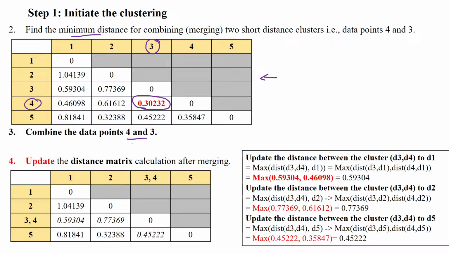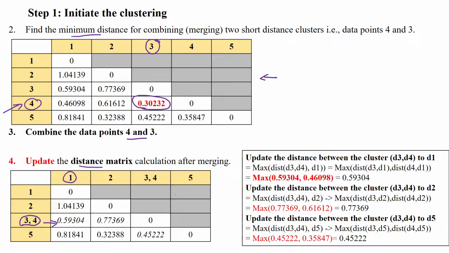After merging data points 4 and 3, we have to update the distance matrix by combining 3 comma 4. After combining, we identify the distance from 3 comma 4 to 1 first.